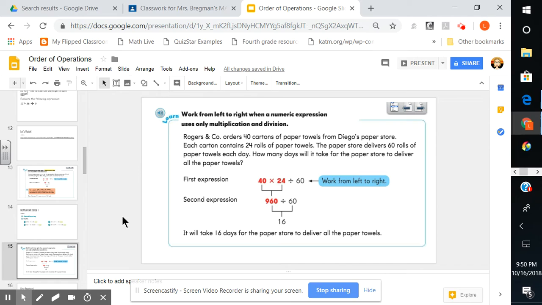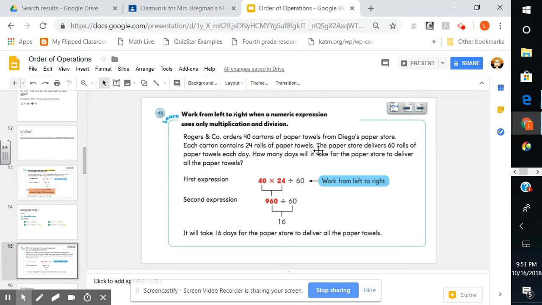Now I'm going to show you multiplication and division. So you're going to copy this example 2, 40 times 24 divided by 60. So first you'll do 40 times 24, you work from left to right, and you will get 960. Bring down the divide, bring down the 60, then you will divide 960 divided by 60, and you will get 16.